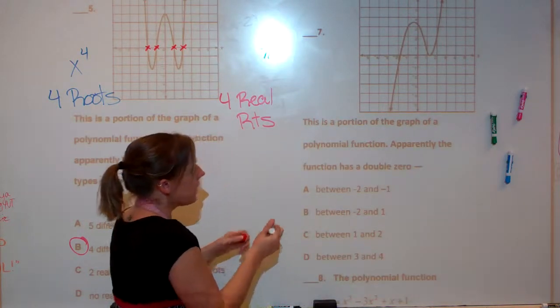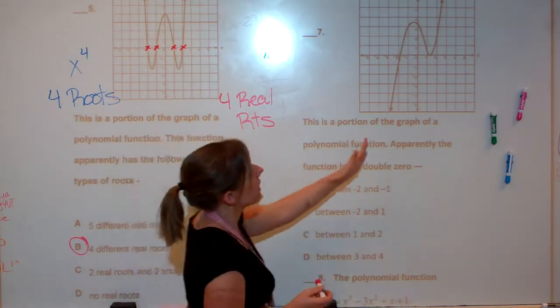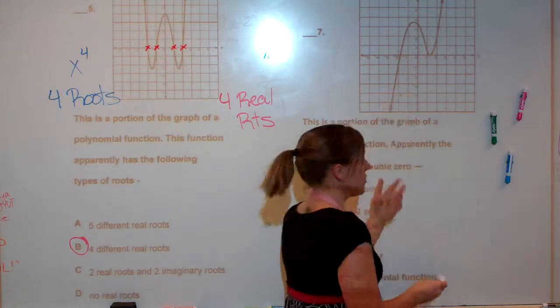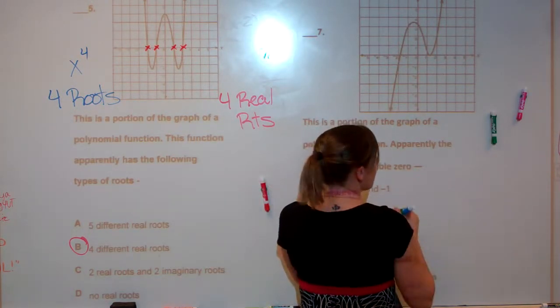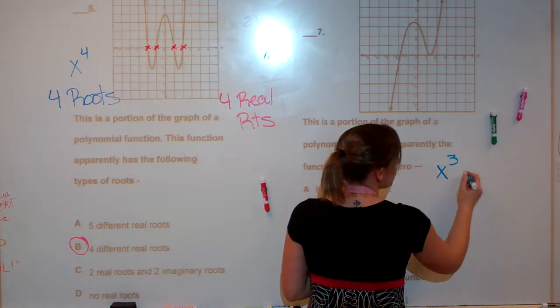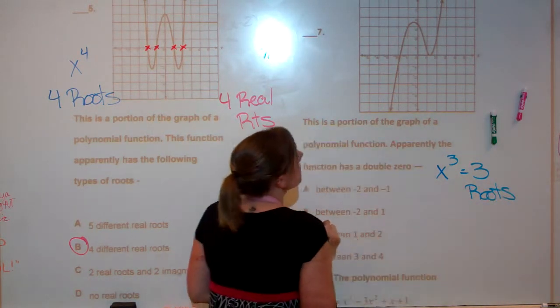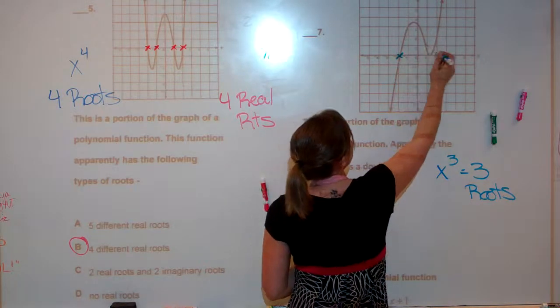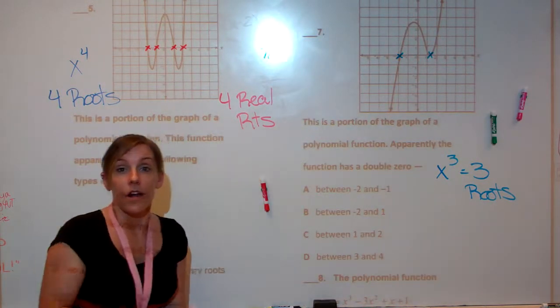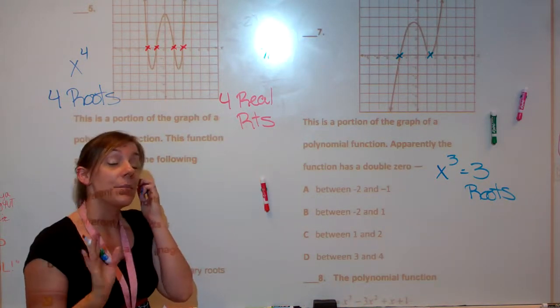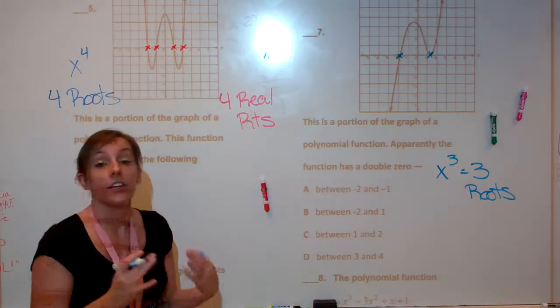All right, this one, same idea. It's got 3 directions, so that's an x to the 3rd. So that is 3 roots. Okay, but if you notice, it only crosses 1, 2 times. So there are not imaginary roots in this case, there's a double root.